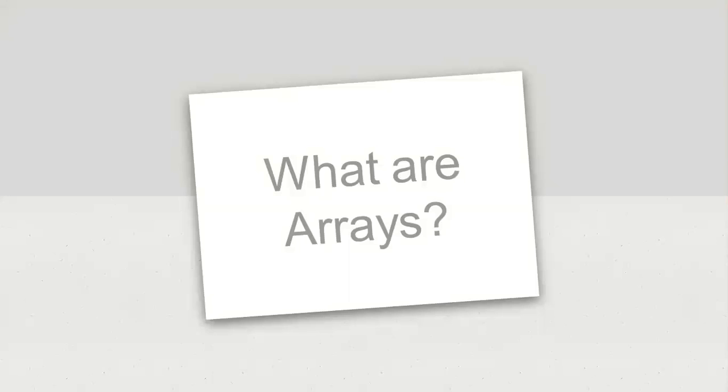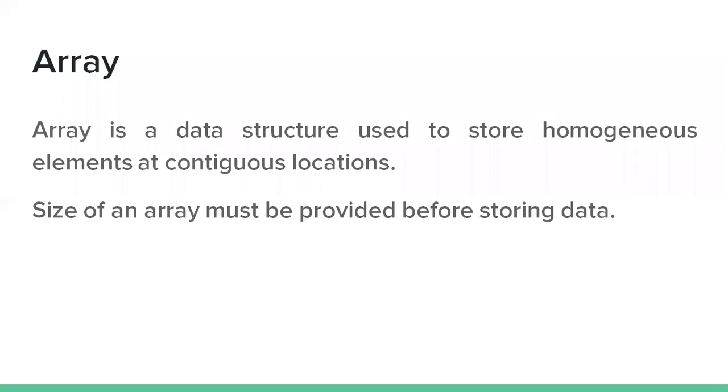What are arrays? Just now we said that data structures are classified as non-linear and linear data structures. In linear data structures we have arrays, linked lists, stacks, and queues. Let's start discussing arrays. An array is a data structure used to store homogeneous elements at contiguous locations.